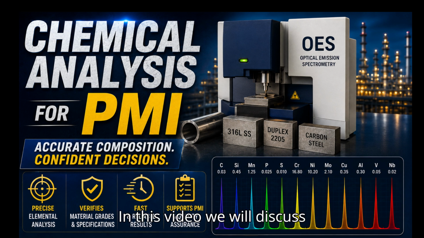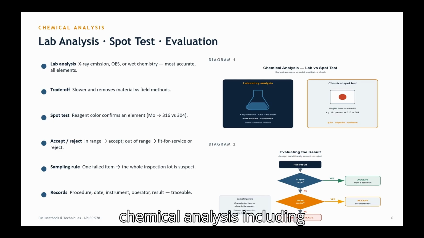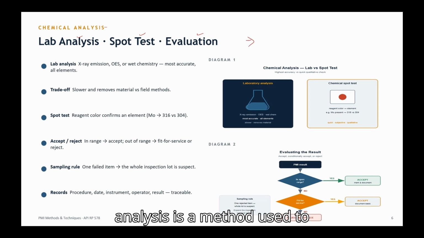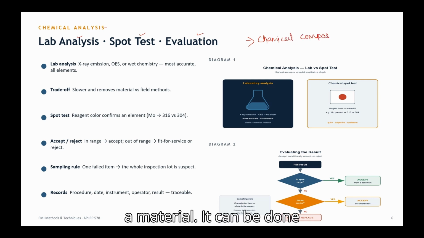In this video, we will discuss chemical analysis, including laboratory analysis, spot testing, and result evaluation. What is chemical analysis? Chemical analysis is the method used to determine the chemical composition of a material.